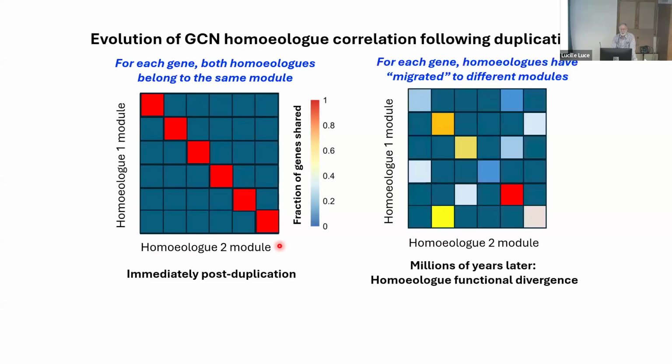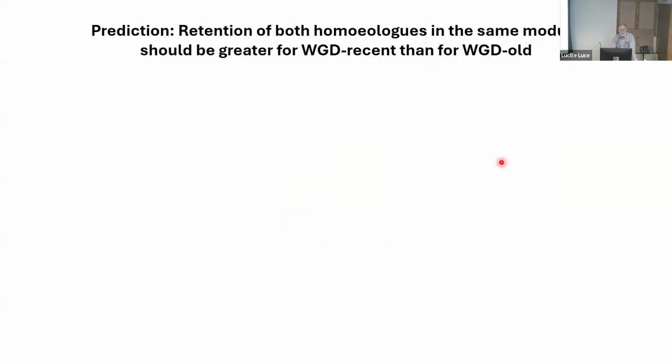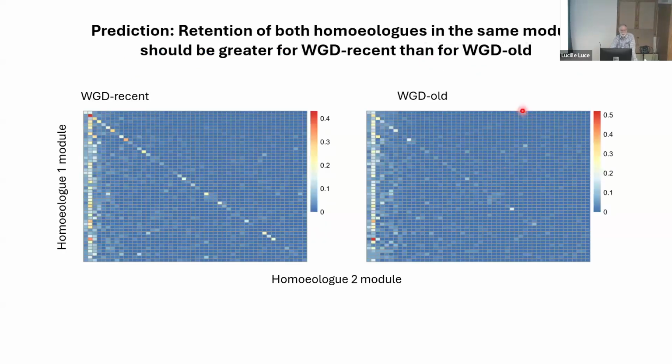And over time, we should see migration away from this nice diagonal into the other parts of this module space that we see here. What we actually see is pretty much that. Note the much stronger diagonal, still not great, but stronger certainly than this here, in the recent duplication versus the old duplication. So we're seeing that process of migration away from being in the same modules over time.